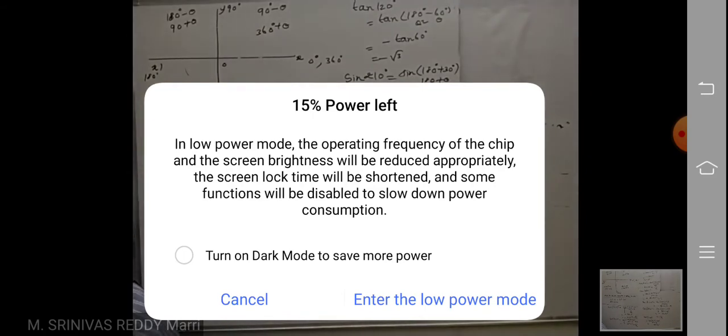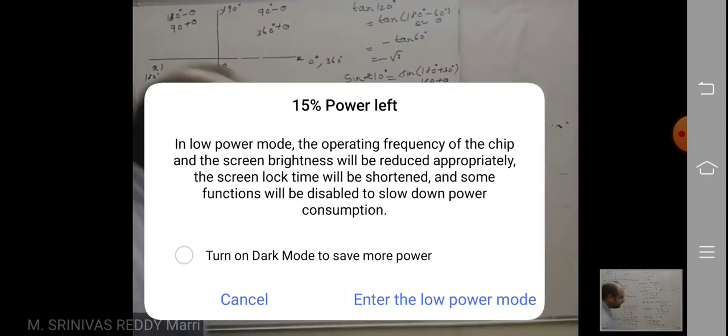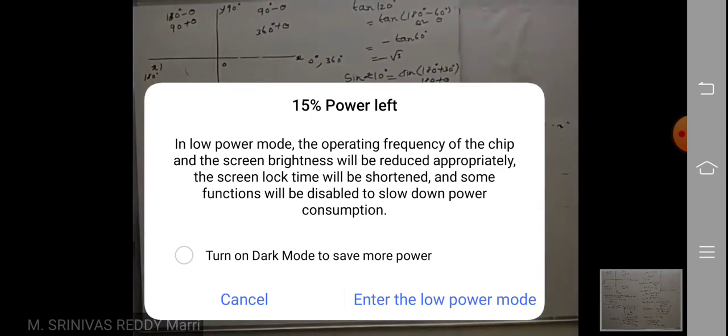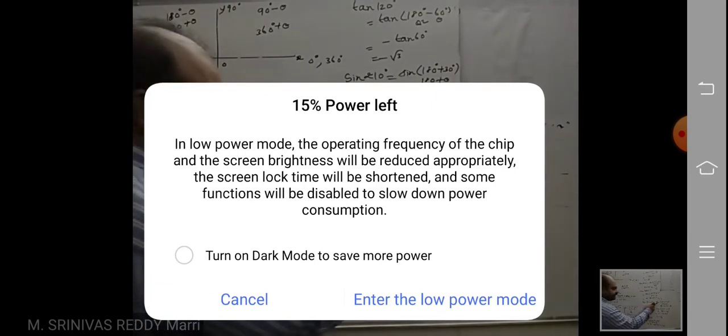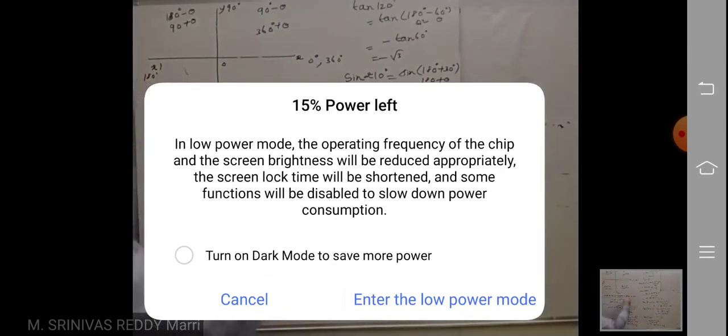So 360 minus theta is in the fourth quadrant, and cos is what in that? Positive. So this value is plus 1 by 2. Like that, easily you can write. If the angle is of the form 180 minus theta, 180 plus theta, 360 minus theta, 360 plus theta, the same ratio will come, before that plus or minus according to the quadrant in which it lies. You can easily choose the quadrant in which it lies.